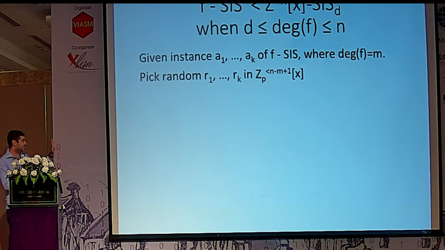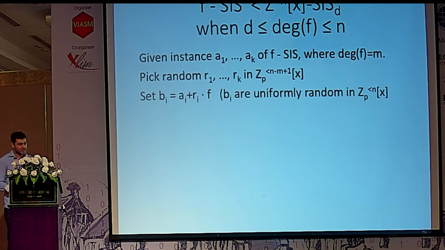You can skip this step if you assume that D equals n equals the degree of F. Then I set b_i equals a_i plus r_i times F, and I want to make these b_i the input to my new oracle that solves this problem. These are now uniformly random, because the a_i are uniformly random in the ring mod F, and the r_i are uniformly random in something else.